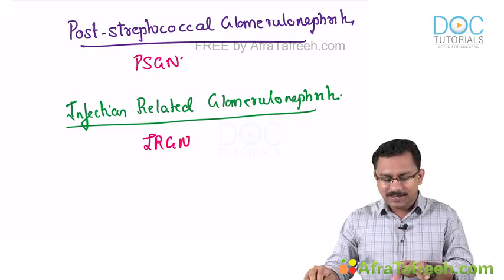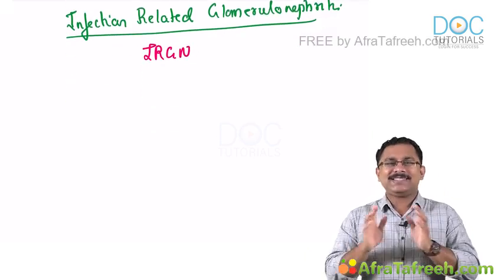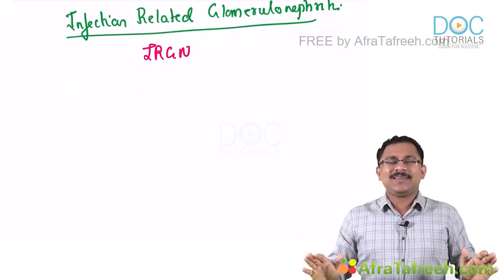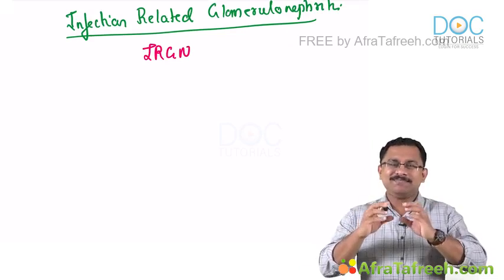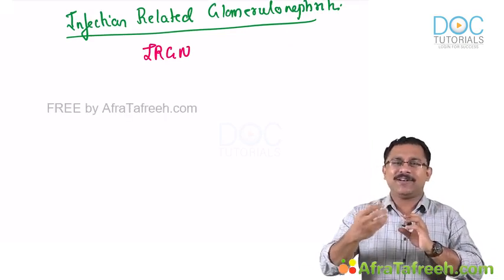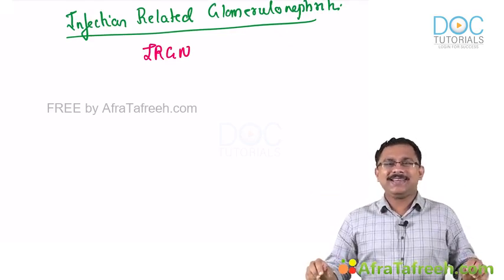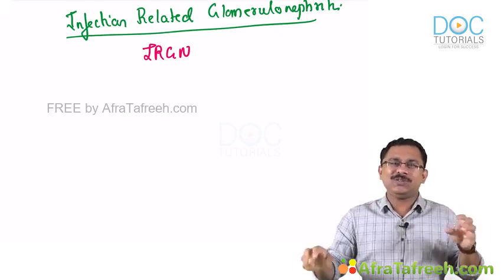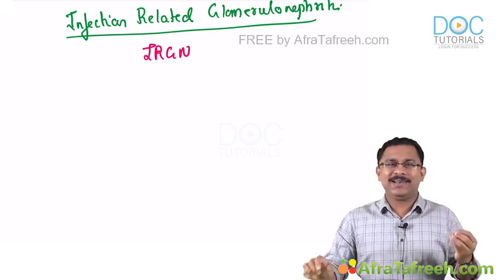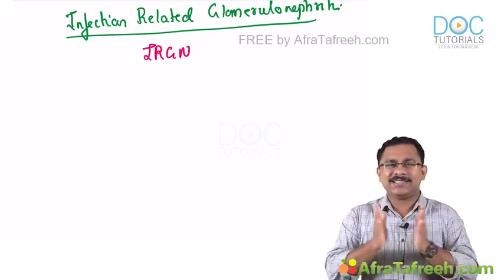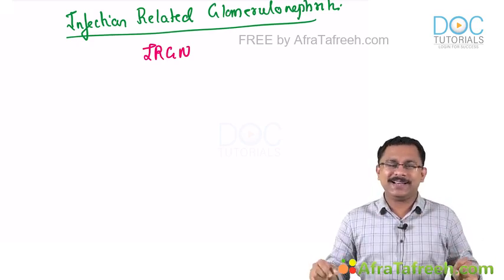Now, when we discuss IRGN, it is always easy to understand from the viewpoint of the organism. That means you have two subgroups of IRGN predominantly. This is just an artificial classification for the ease of understanding.